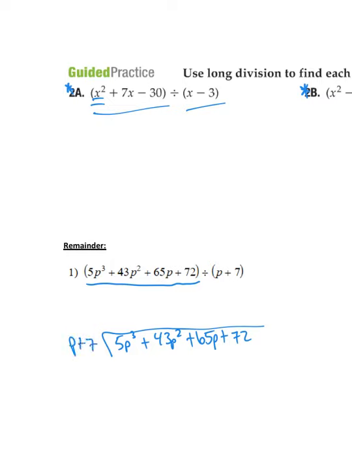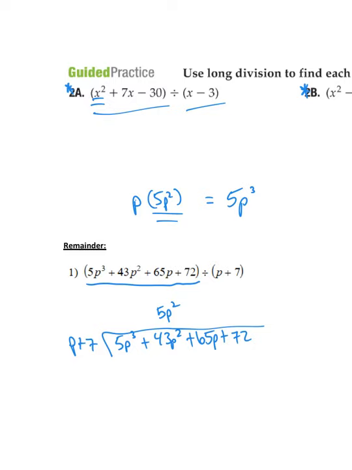So, all right, guys, that first term, if we have p here, what can we multiply p by to get 5p cubed? So we're going to have to multiply by 5, and we need p cubed, so it'll be 5p squared. That's going to be our first number up on top. And so then, again, we're multiplying that by p.